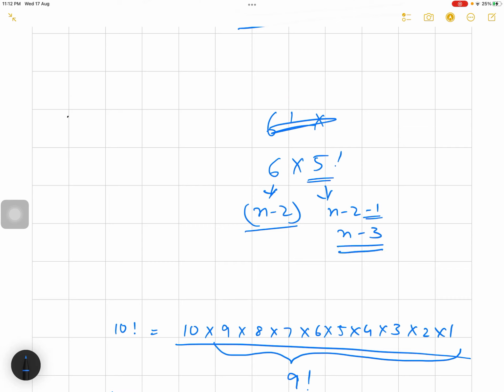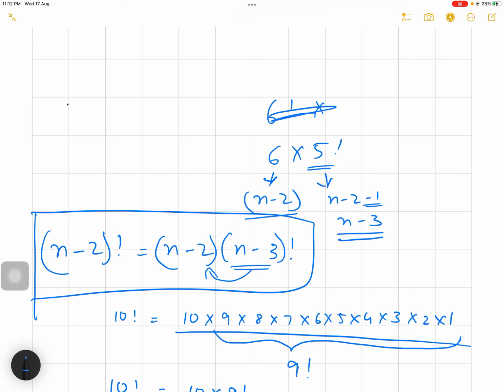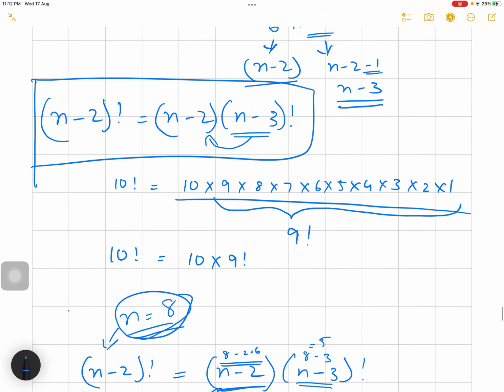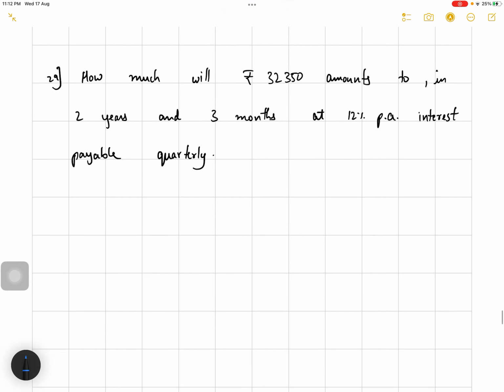That's why I can write n minus 2 factorial as n minus 2 into n minus 3 factorial, because n minus 3 is 1 less than n minus 2. I hope you understood.